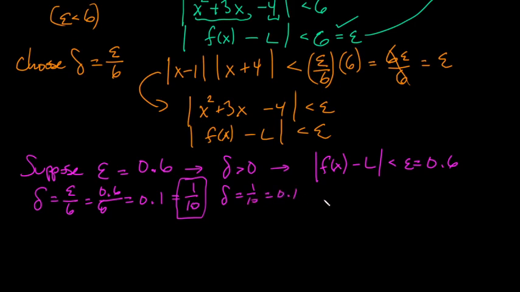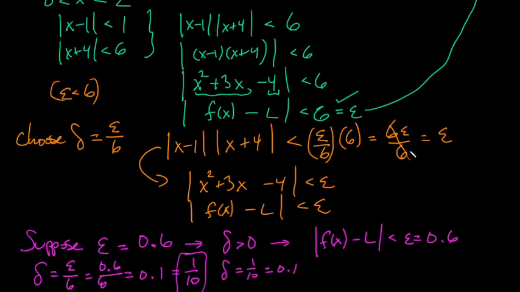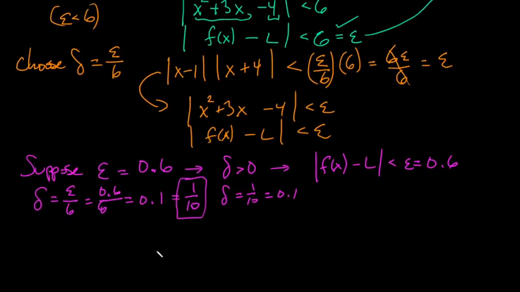Again, 0.1 works. So our delta is going to be 0.1. So, in absolute value, x minus 1 should be less than 0.1. And as a practical matter, that means that x is between 0.9 and 1.1.